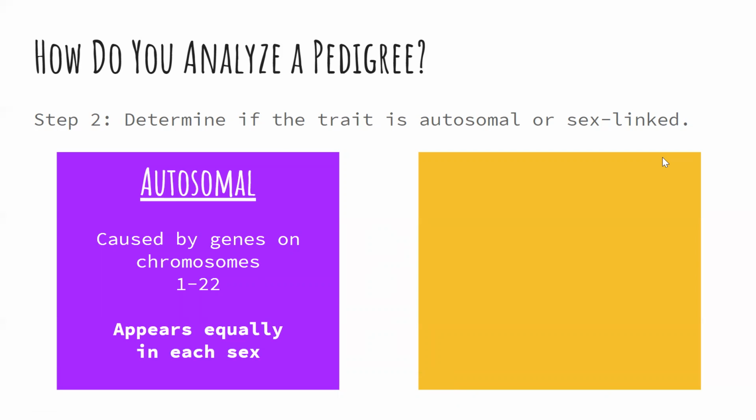If the trait is an autosomal trait, it appears equally in each sex. Equal males and females will be shaded in. So if there are 3 males shaded in, then there are 3 females shaded in.